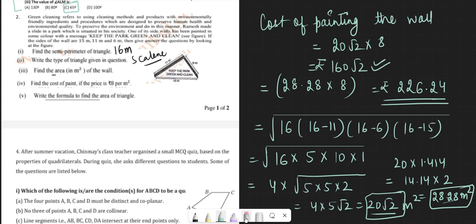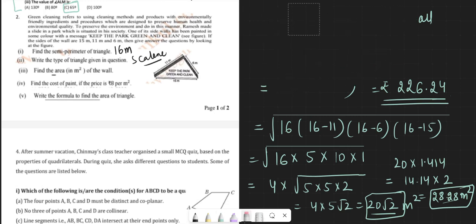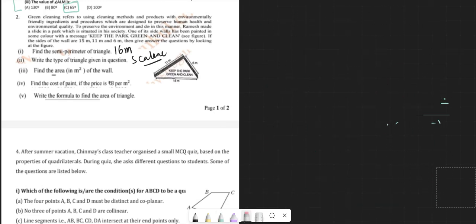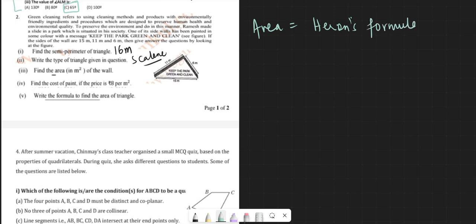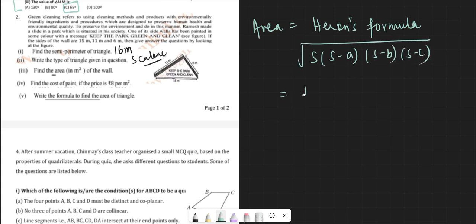So next, the fifth part. Now the fifth part says, write the formula to find the area of a triangle. To find the area of a triangle, we either use Heron's formula, which we've already written, the square root of S into S minus A into S minus B into S minus C, or I will go for half into base into corresponding height.